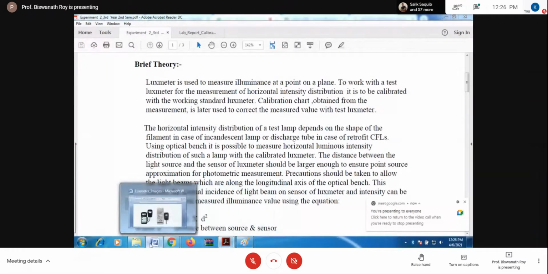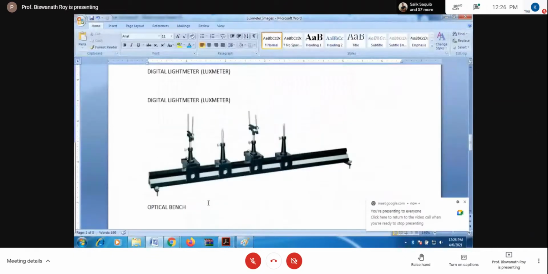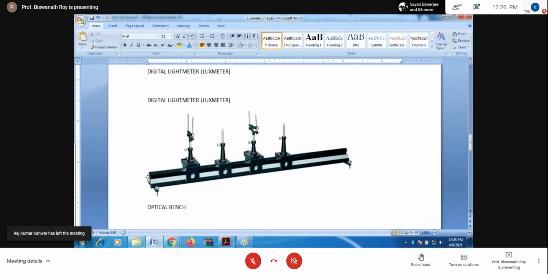So what procedure we need to follow? One optical bench we need to use. This is called the optical bench. This is our picture at our lab. This is collected from website. Over the optical bench, we can place different types of optical mount. So this scale, you can see that this scale is graduated in centimeters so that you can measure the distance between the two optical mounts.